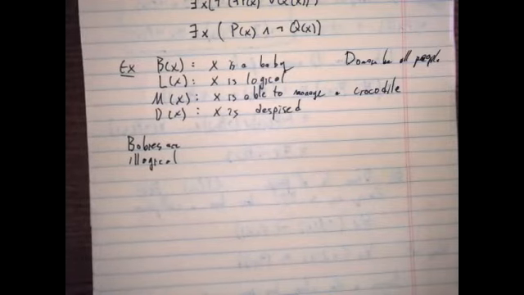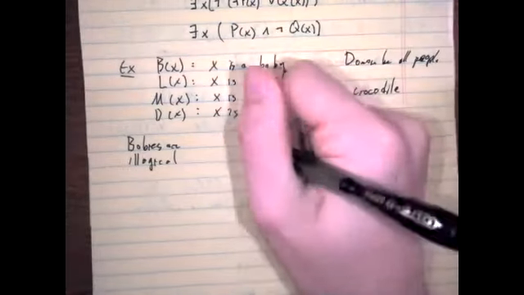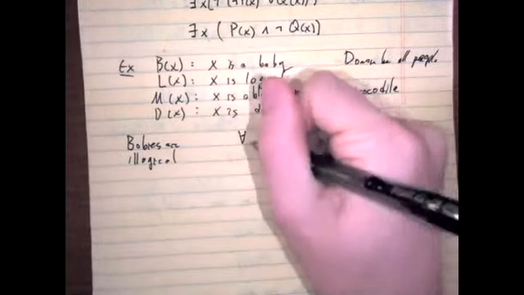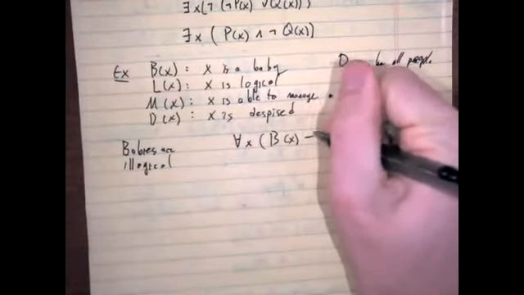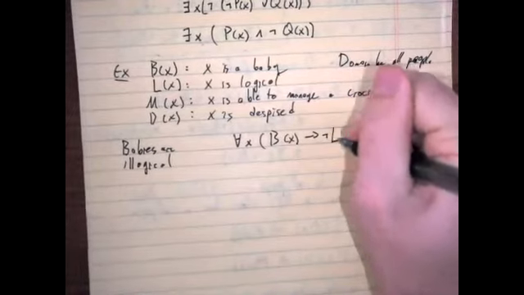Okay, how do I write babies are illogical in math? Yeah, exactly. For all x, x being a baby implies x is not logical. Very good. So using a quantifier, for all x, B of x implies not L of x.